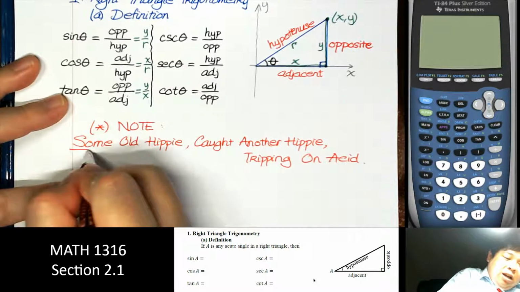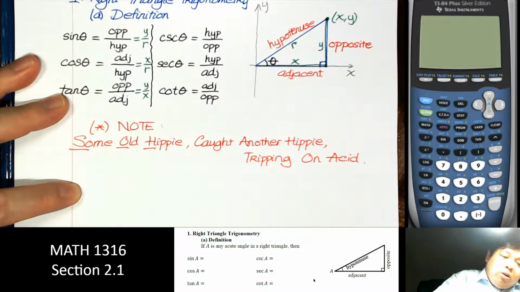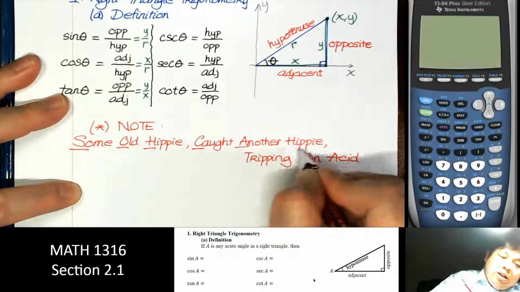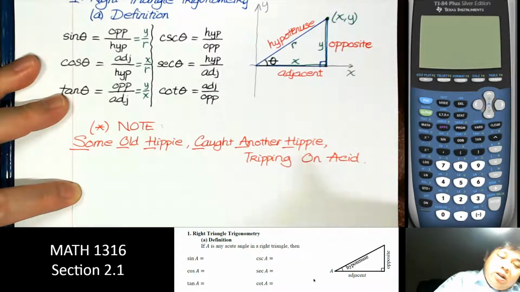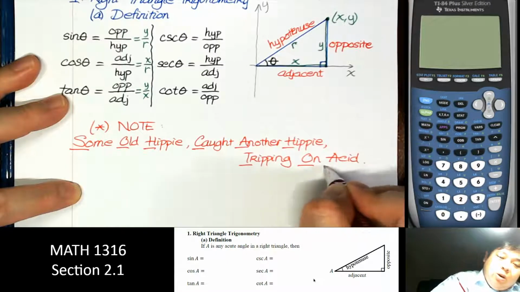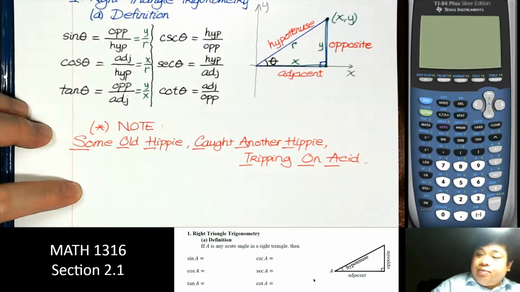So sine is opposite over hypotenuse, cosine is adjacent over hypotenuse, and tangent is opposite over adjacent. Right, that's one of them.